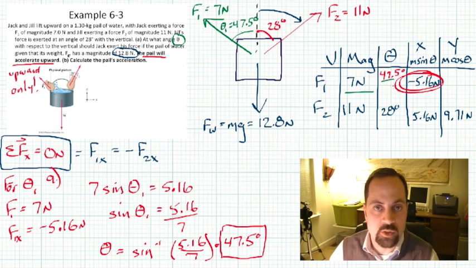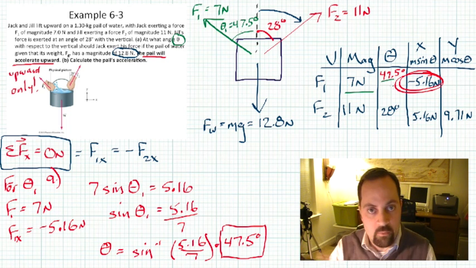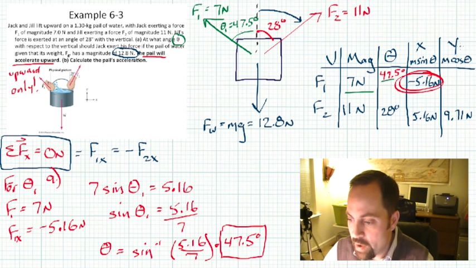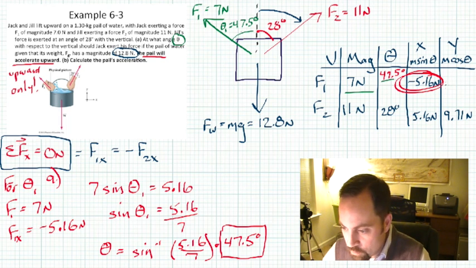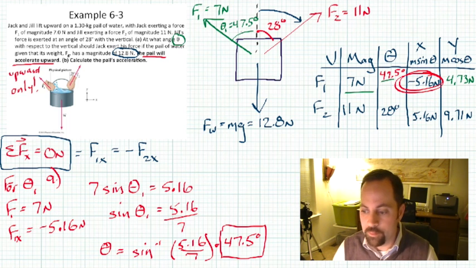Okay, so that means now that since we know this magnitude of force 1 and we know this angle, we should be able to find then the y component of Jack's force. So the y component is the magnitude, 7, times the cosine of theta. So 7 times the cosine of theta, I get 4.73 newtons.